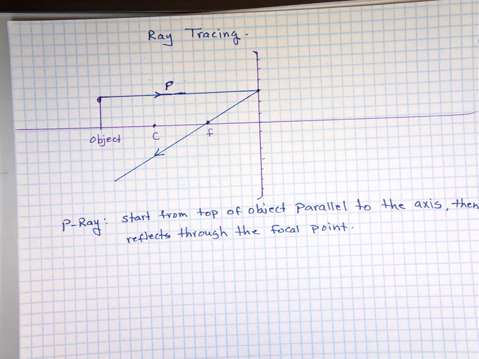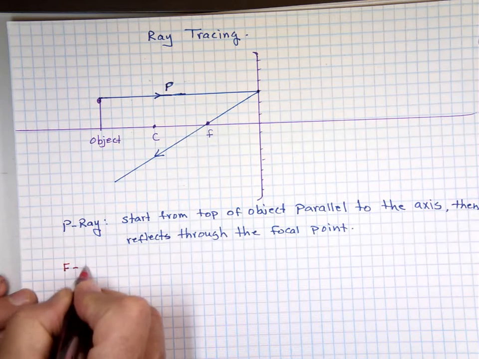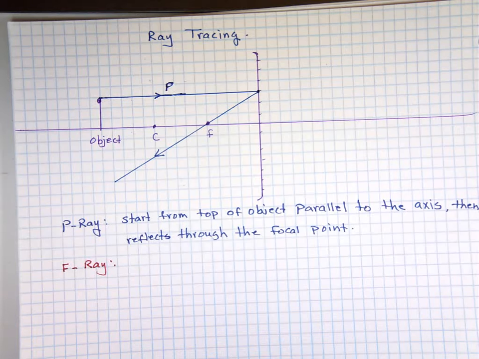The next one, I'll use a different color. I'll use red. The F ray. Why do they call it the F ray? Because it goes through the focal point. So start from the object.